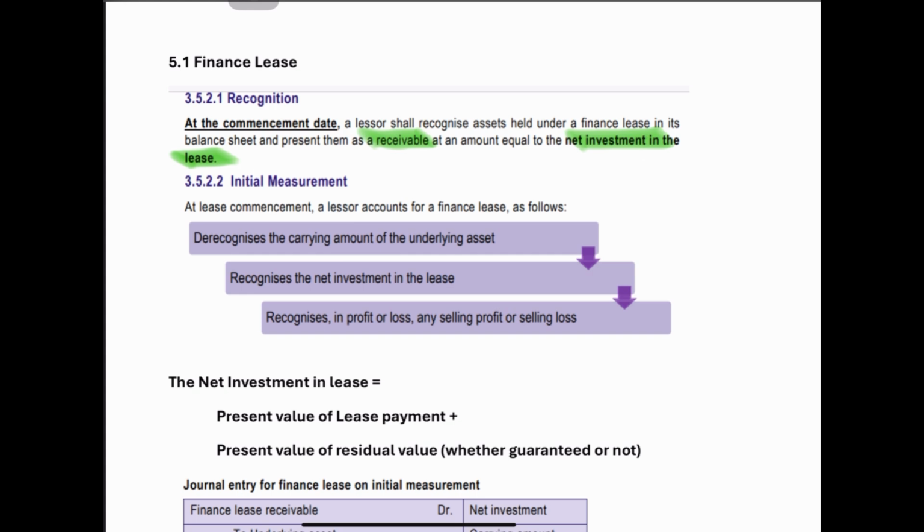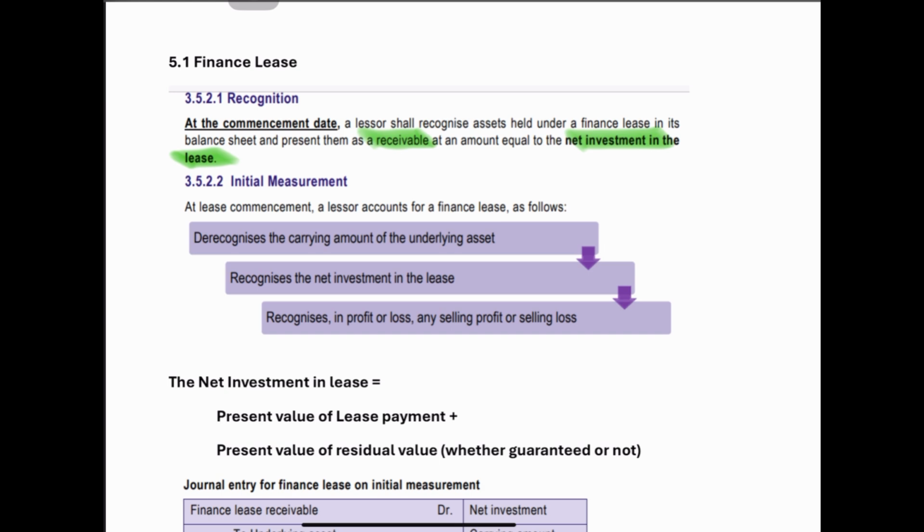In such a case, the lessor will not account for those as land and building or property, plant and equipment. Instead, it should be accounted as a receivable in the balance sheet of the lessor, and the receivable value will be equal to the net investment in the lease.